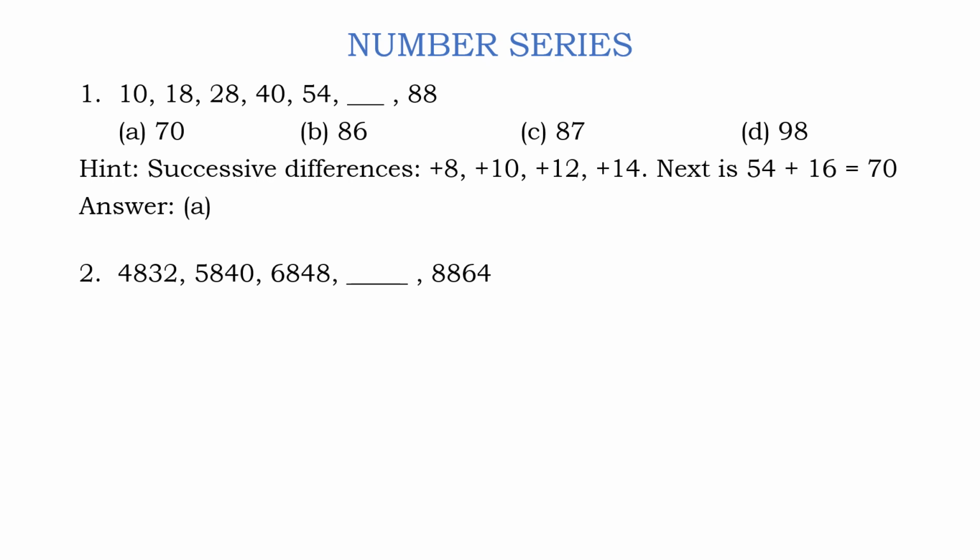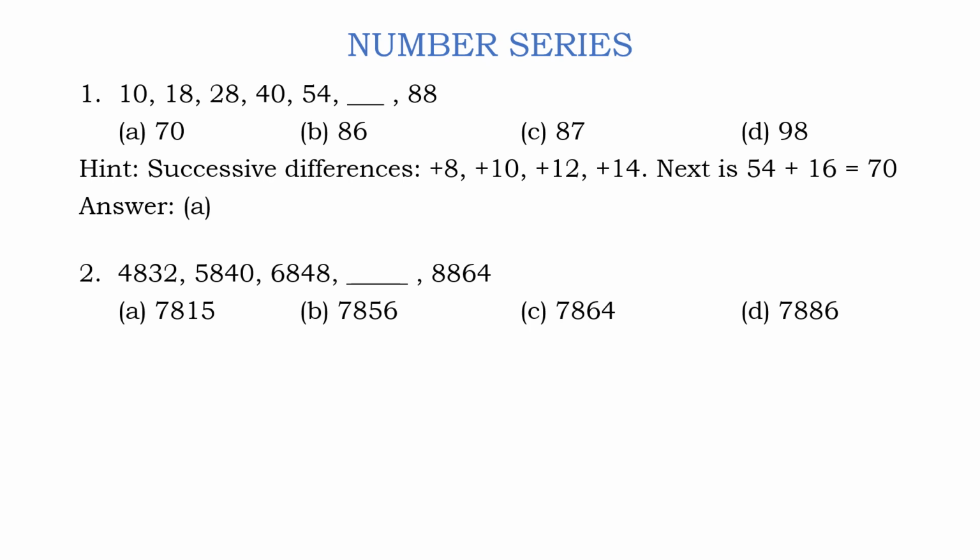Next, here we have 4-digit numbers: 4,832, 5,840, 6,848, blank, 8,864. Now by observation, here in the thousands place we have 4, 5, 6, then next will be 7, and this one is 8.